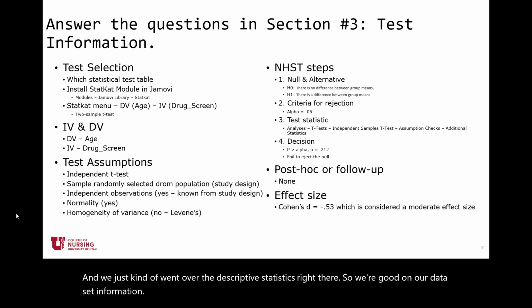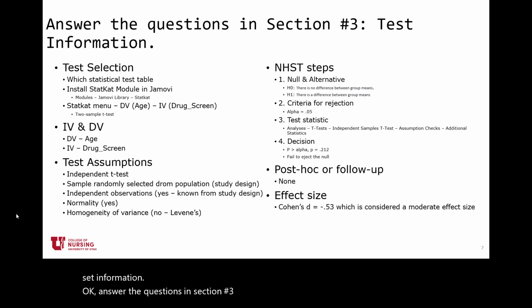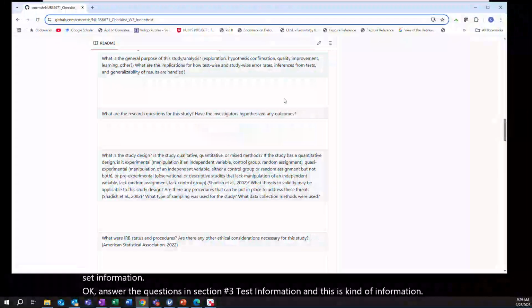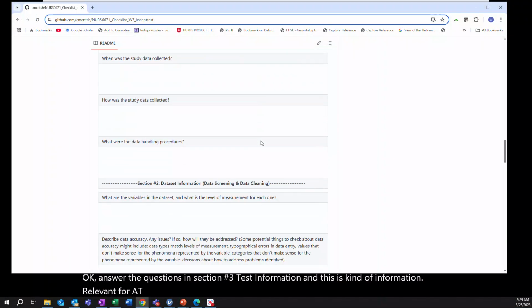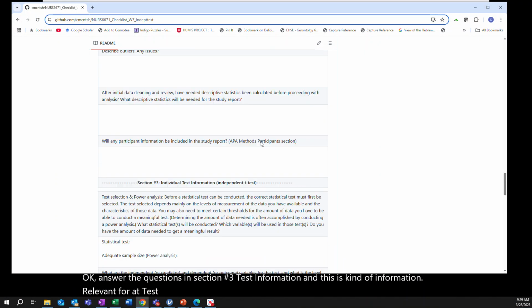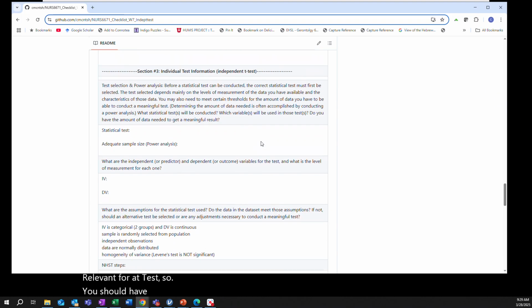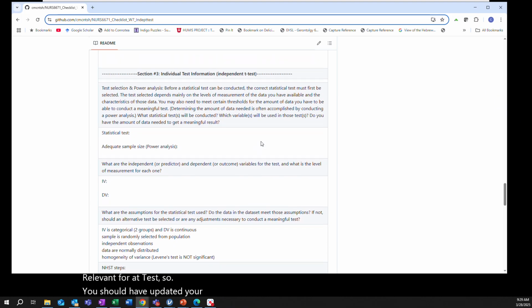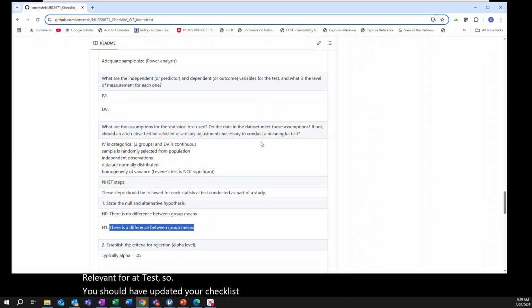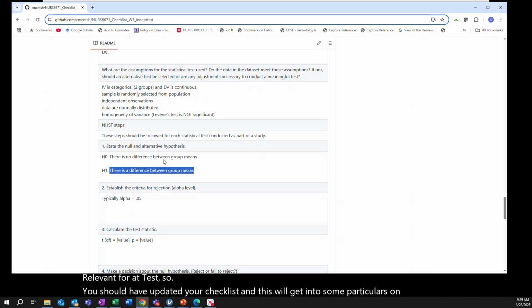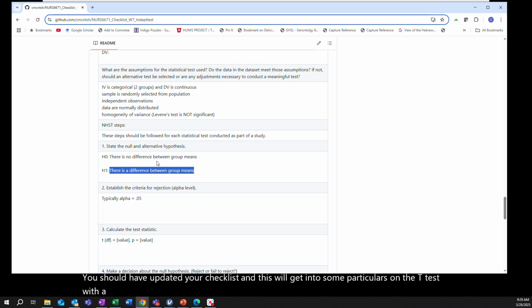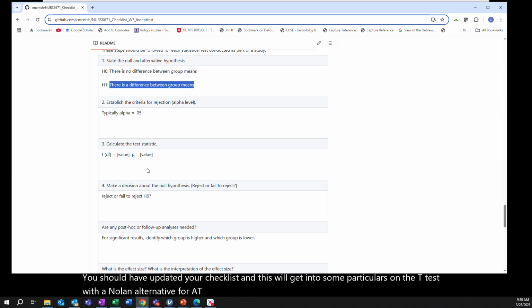Okay, answer the questions in section number 3, test information. And this is kind of information relevant for a t-test. So you should have updated your checklist, and this will get into some particulars on the t-test with a null and alternative for a t-test, and how we're going to report these statistics.